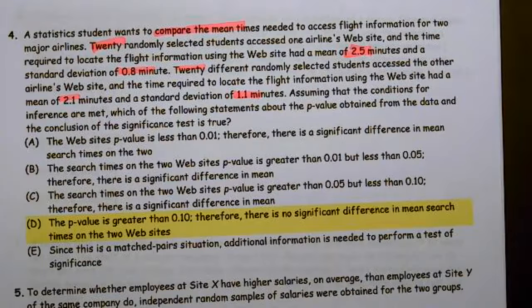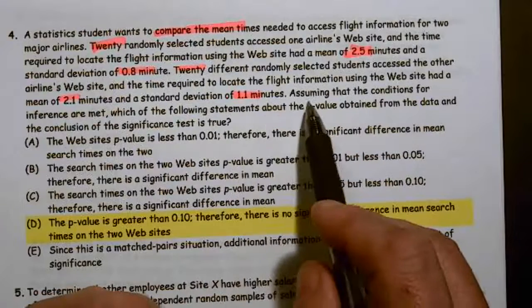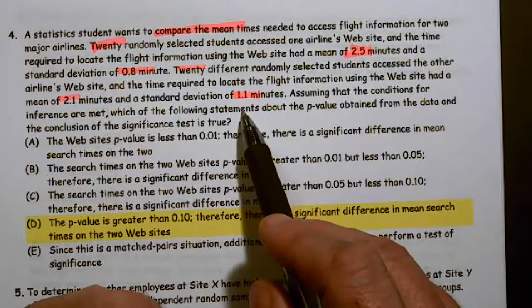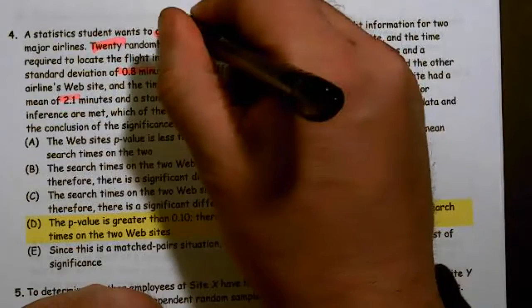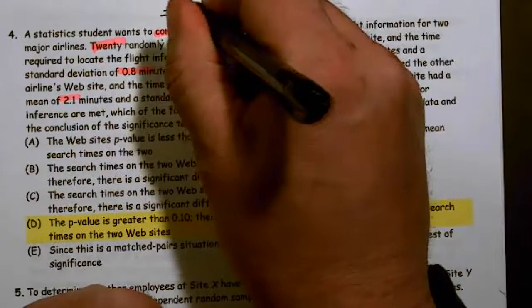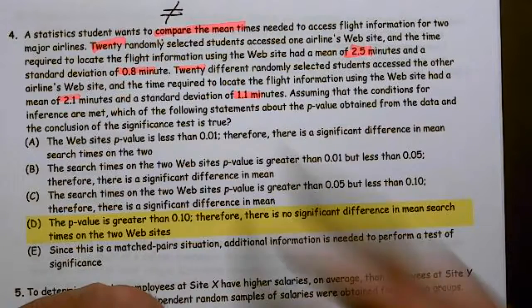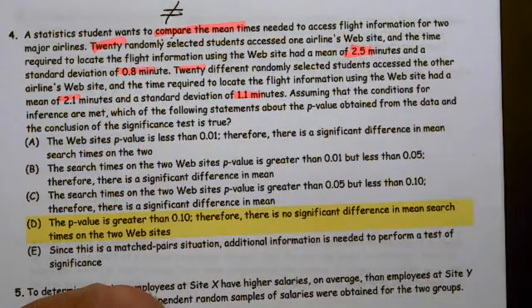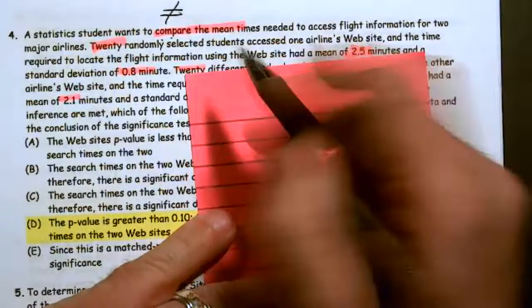So then I need to determine what my direction is. What is my null? What is my alternative? I read this and I don't see anything about direction. All I see is the word compare. If I don't have direction and they're asking me to compare or look for a difference, this is a not equal.